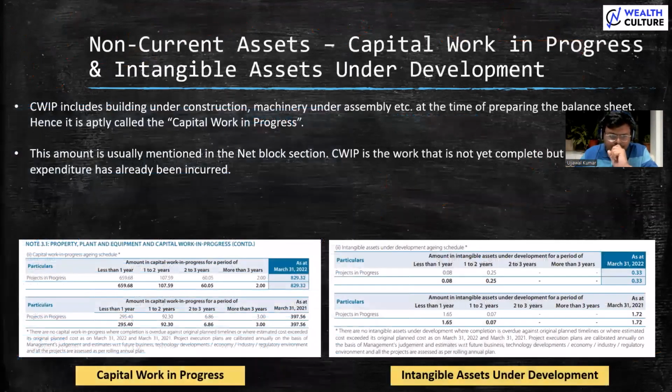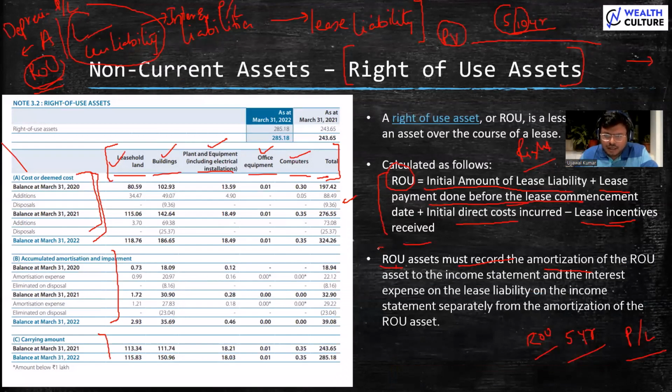As you can see, you must record the amortization of the ROU asset to the income statement, so this number will get depreciated and show up on the P&L as depreciation expense, whereas the lease liability will show up on the income statement as interest expense.